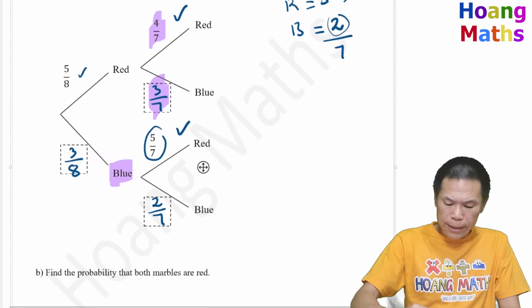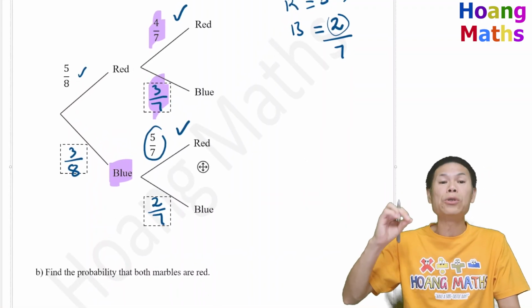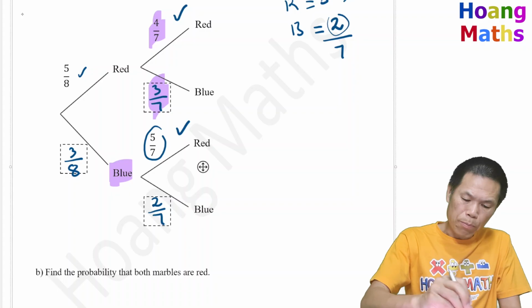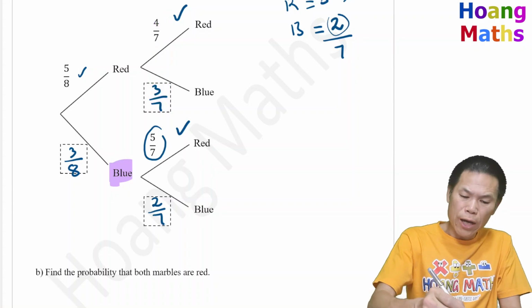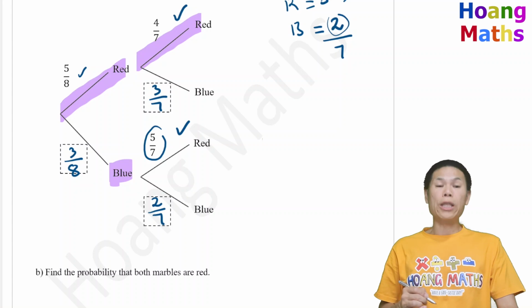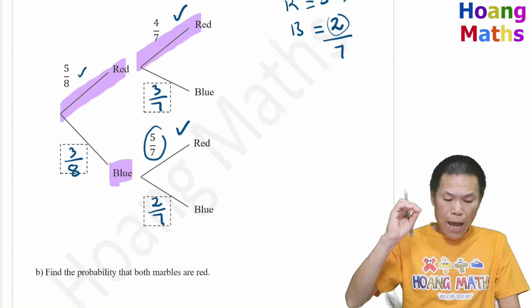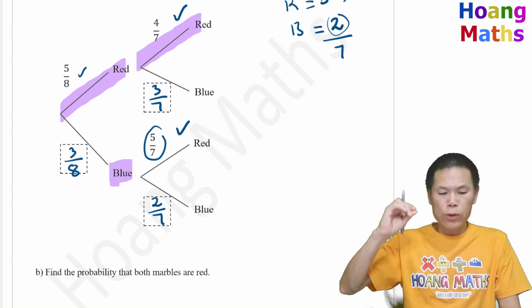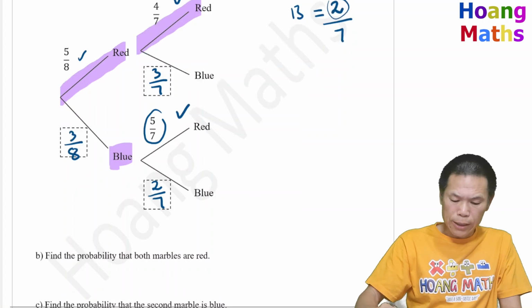Now part B. Find the probability that both marbles are red. That means red, red. So there you go: 5 over 8 times 4 over 7. Let me just write this down.